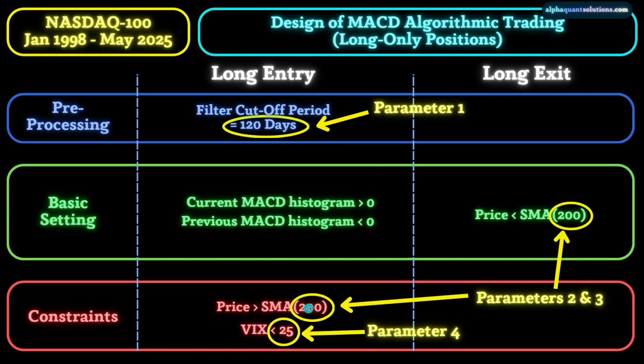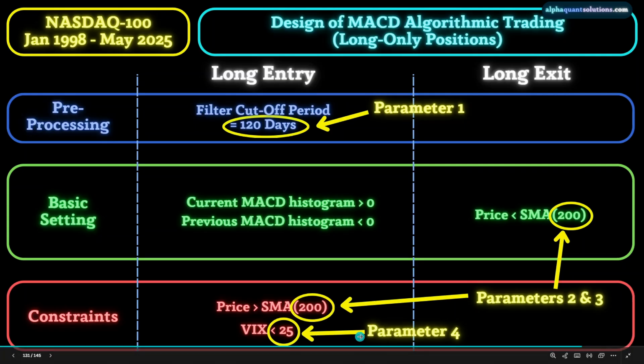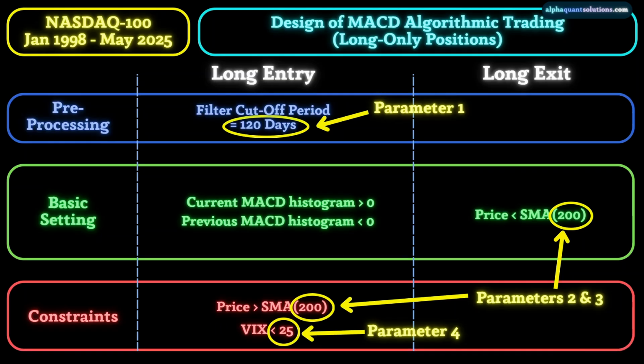Parameters 2 and 3 are the SMA period, and for that we have chosen a standard SMA 200. And parameter 4 is the VIX threshold, and here we have set a reasonable limit of 25, where we want to make sure that the general market is not within highly volatile conditions, because generally high volatility is correlated with lower returns.